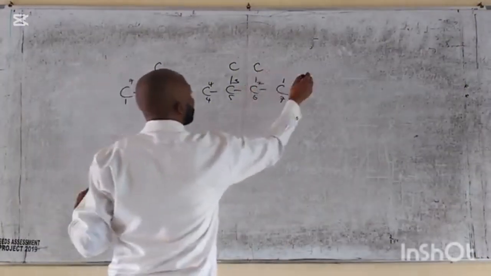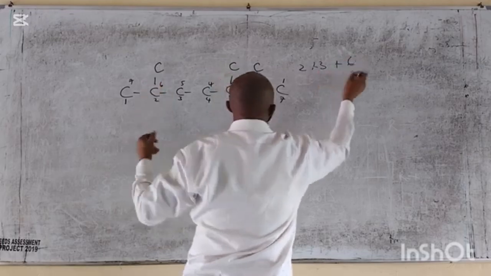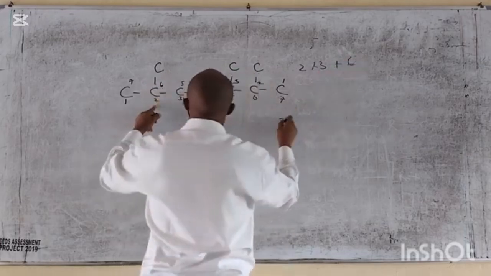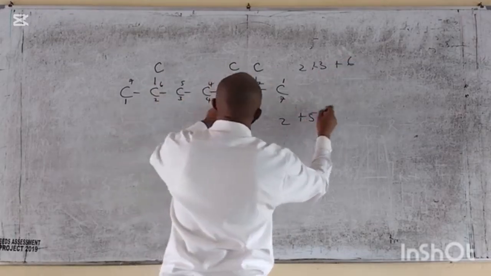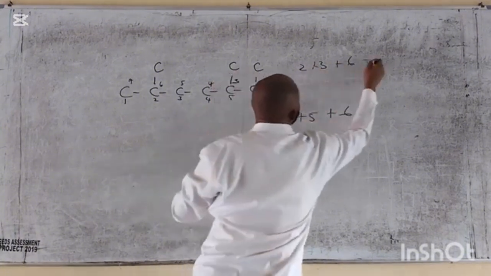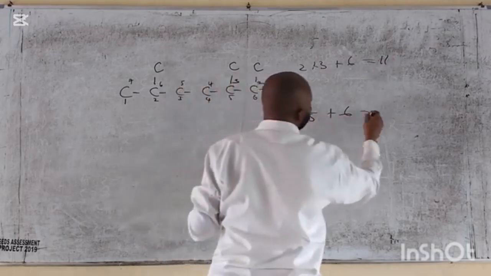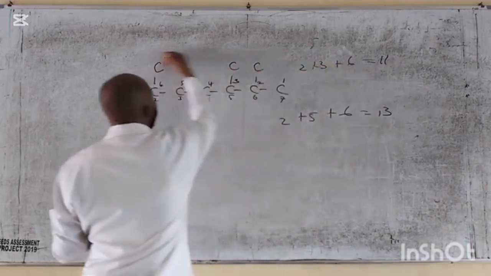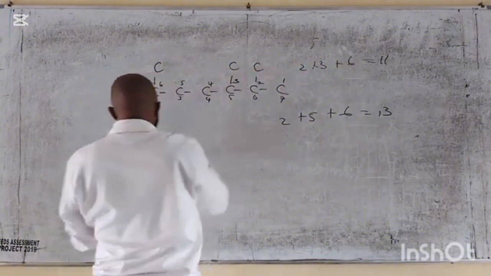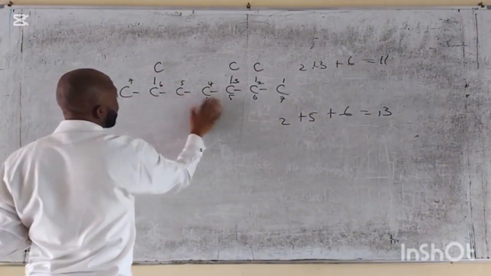We have 2 plus 3 plus 6. Here we have 2 plus 5 plus 6. 9, 10, 11. Here we have 11. 11, 12, 13. Here we have 13. So we take the lowest one to be from this direction. So that becomes our parent chain and the direction in which we're going to start.